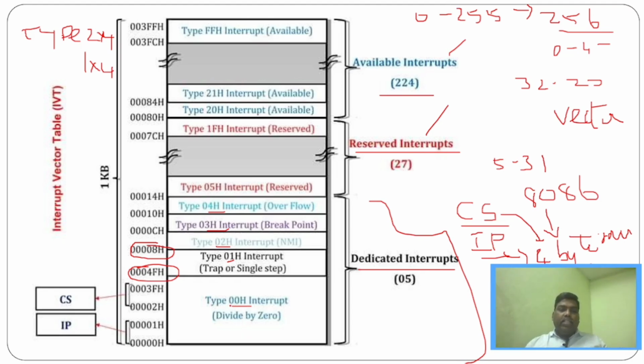As I said, the type 0 interrupt starts from 00, the type 1 interrupt starts at 04H, and type 2 at 8H, then 0CH, all represented in hexadecimal format. So it is split into 4 bytes. Now you understand what the interrupt vector table is and how the different types of interrupts are split by address location.